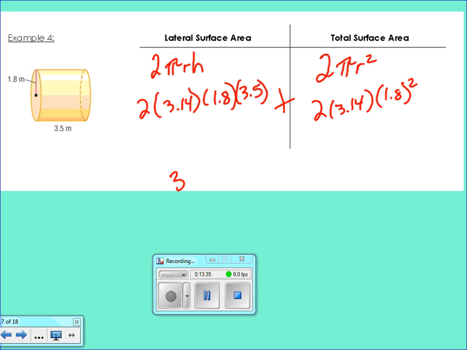Lateral surface area is 39.564 meters squared. What's the area of the bases?